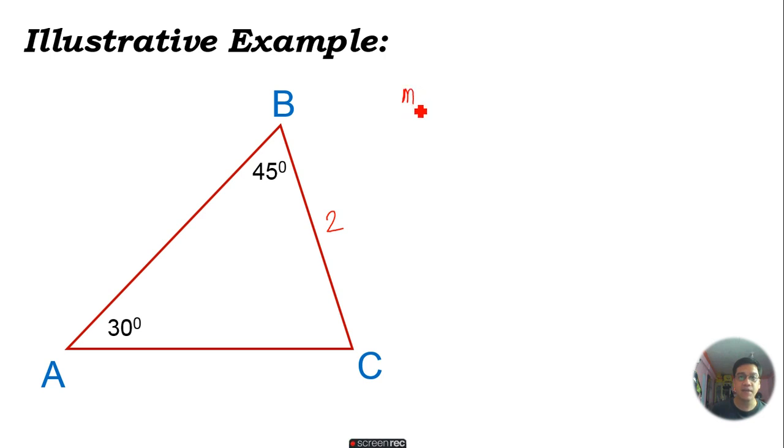So the measure of angle C is simply equal to 180 degrees minus the sum of the two, that is 30 degrees plus 45 degrees. So this is equal to 180 degrees minus 75 degrees, since 30 plus 45 is 75 degrees.